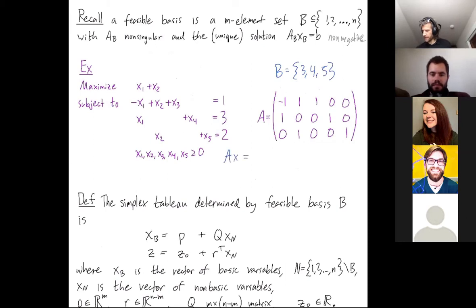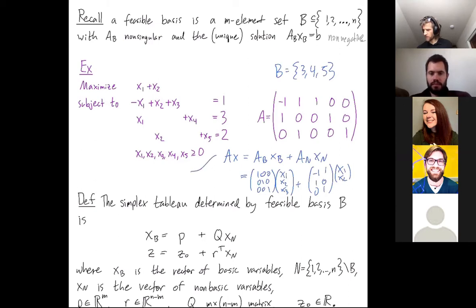But another way to write that is AB times XB plus AN times XN, where matrix AB is just this identity matrix times X3, X4, X5. And then matrix AN is just the first two columns times X1, X2. And that is indeed equal to A times X.